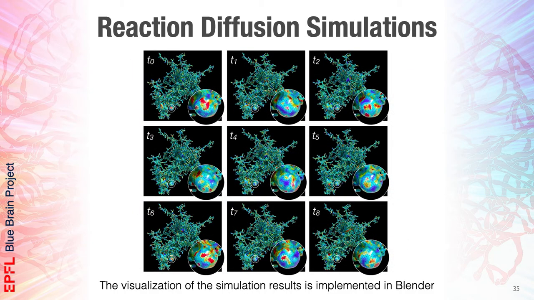And this is a time series showing the simulation results at different time steps. The interpretation of this simulation is extremely useful to let us understand the mechanisms of how the calcium is being propagated in the intracellular space of the astrocytic morphology.